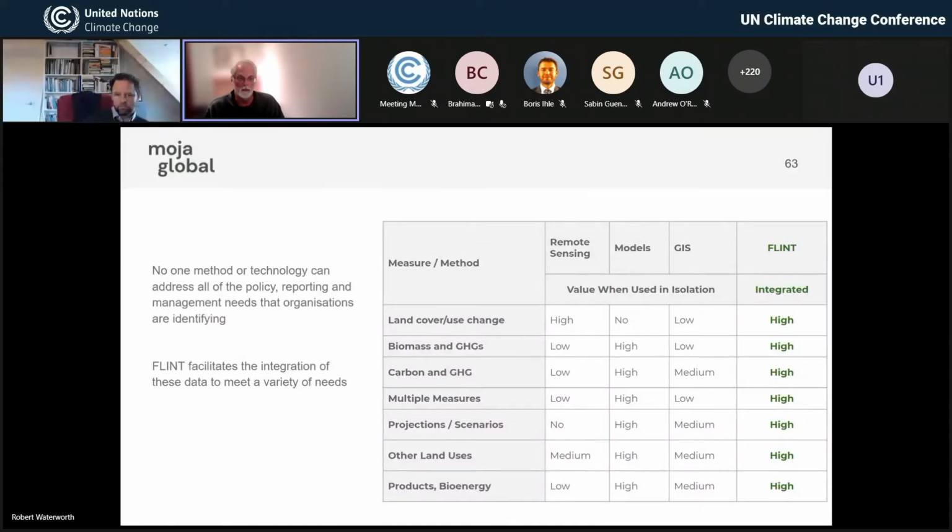And just to come back to what we talked about yesterday, FLINT is an integrating platform to which we can attach modules that describe the dynamics of croplands, forests, grasslands, wetlands, etc. And which models you use to attach to the platform depends very much on the data that you have available, the knowledge that you have available in your country, whether models exist or whether or not you want to use existing models or modules as a starting point, or just a simple emission factor as a starting point, and then progressively improve on that as you proceed with the implementation of the system.